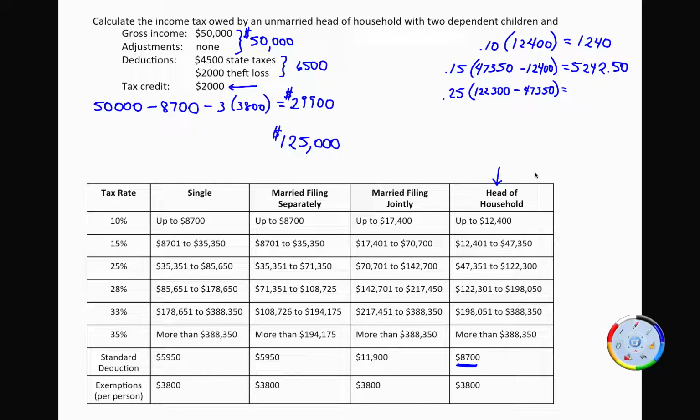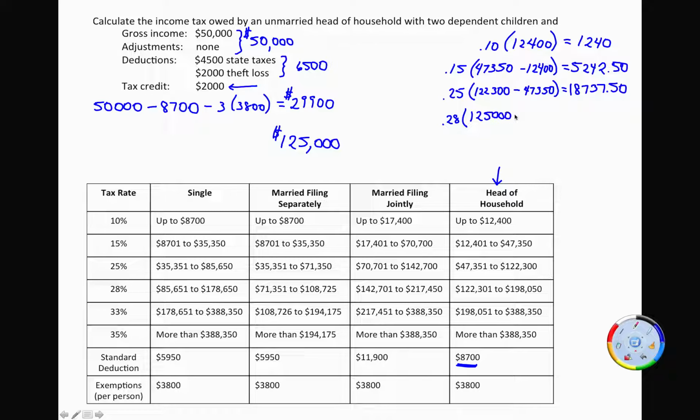Okay. So that is $18,737.50. And then he even made more than $122,000, so he's got to pay 28% of his next batch, but now he only made $125,000.